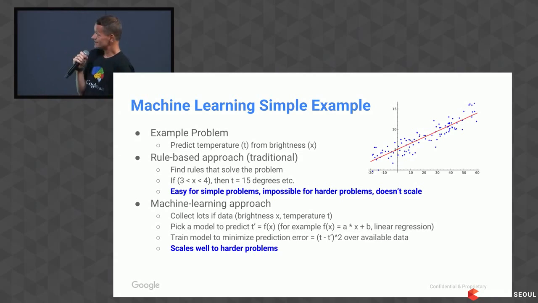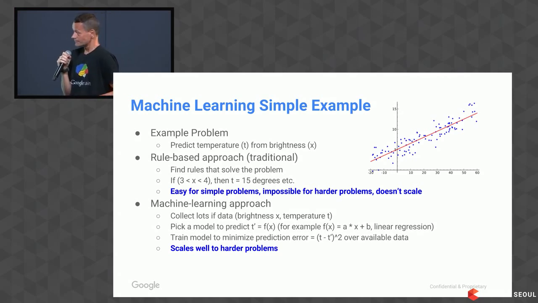First, a very simple machine learning example. Think about a problem. Let's say you want to predict the temperature from the brightness outside. You have a sensor hanging out of your window, and you don't want to open the window. You want to know what is the temperature outside.